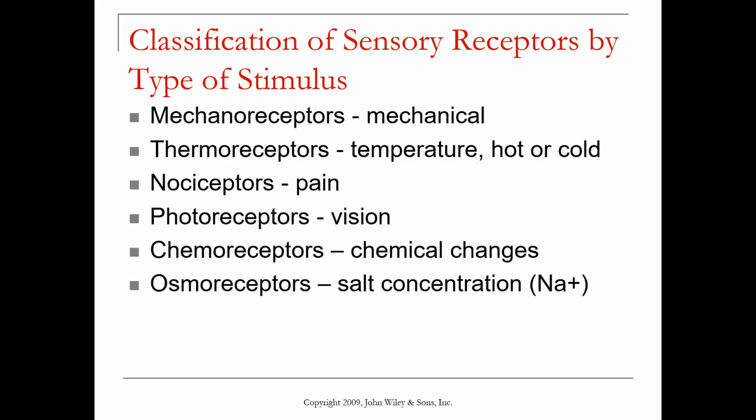Yeah, so now chemoreceptors. They monitor chemical changes within the body. We pick up changes in our carbon dioxide levels, like changes in blood pH, for example. Are we getting too acidic?